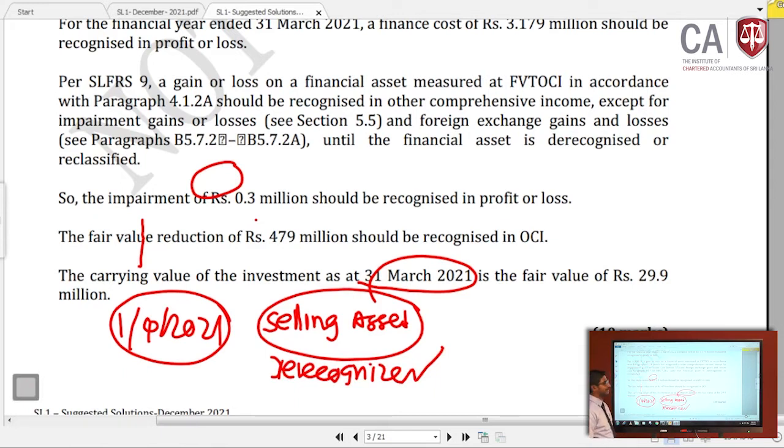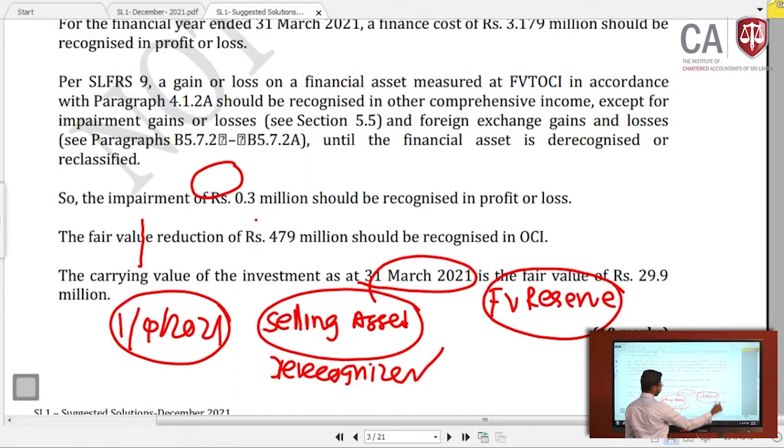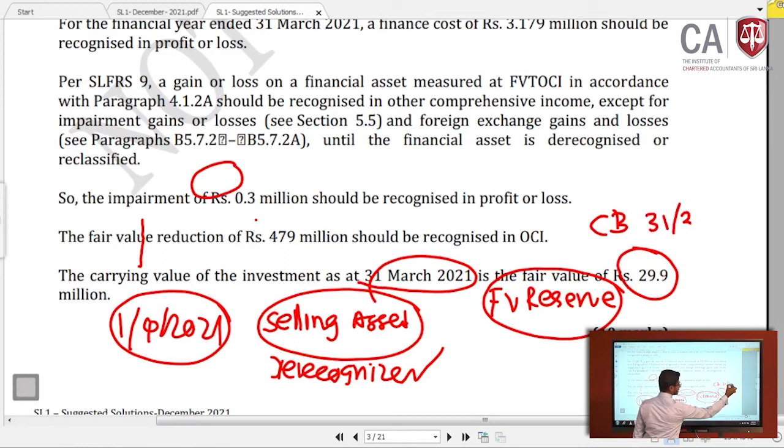When you are derecognizing the asset, in your fair value reserve, how much do you have? Anyway, we are selling at 29.9, that is exactly similar to the closing balance as at 31st March 2021. So there is no disposal gain, no loss. Why?